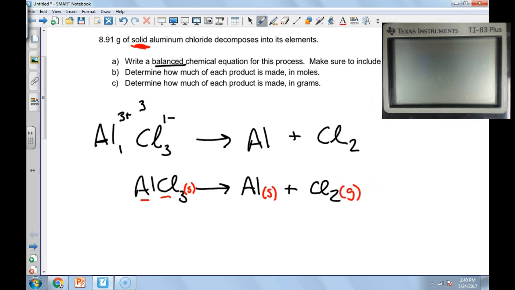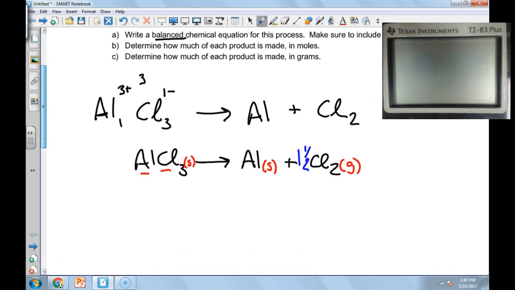And now we have to balance, so we're going to balance this in blue. Aluminum and aluminum balance, there's one each. Now chlorine is Cl3 here and Cl2 there, so you can do this one of two ways. I'm going to do it this way, because 1.5 times 2 is 3, but now we have to multiply everything by 2 in order to get rid of the half.